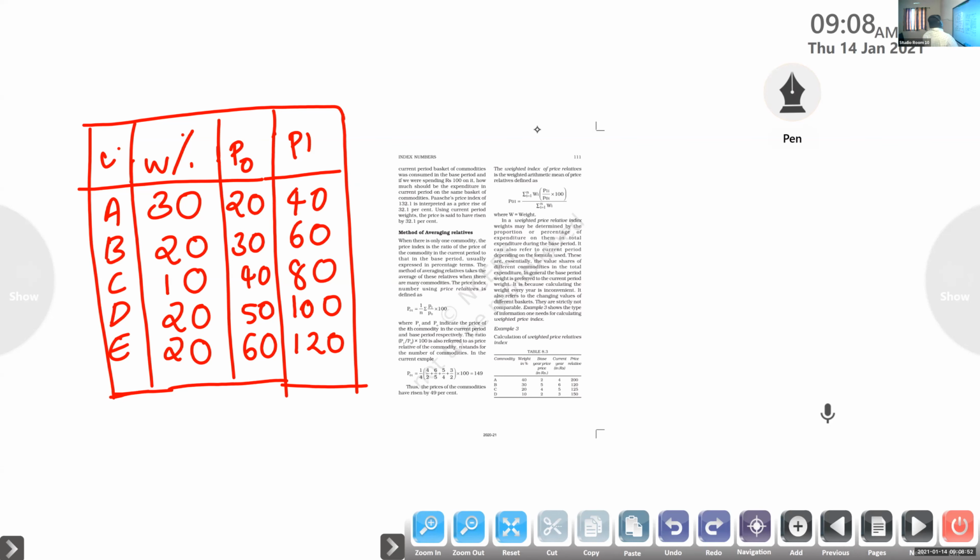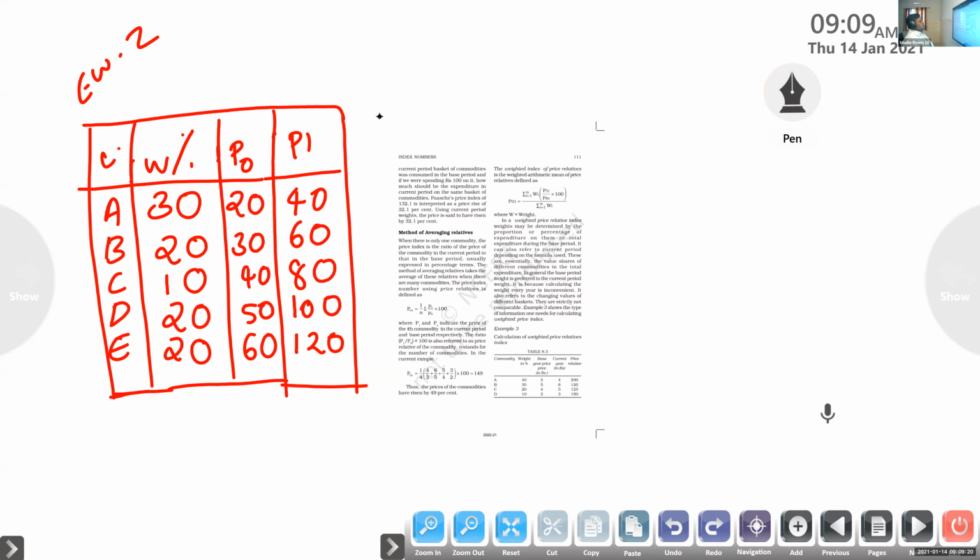Next question, it is class of 2. A, B, C, D, E. Here 5 commodities are there. Weight percentage 30, 20, 10, 20, 20. P0 is 20, 30, 40, 50, 60.